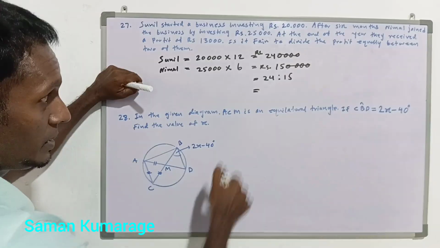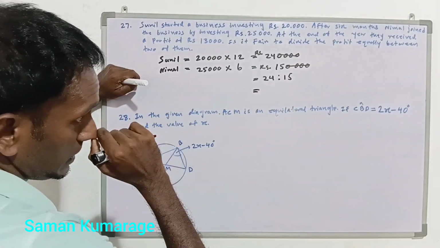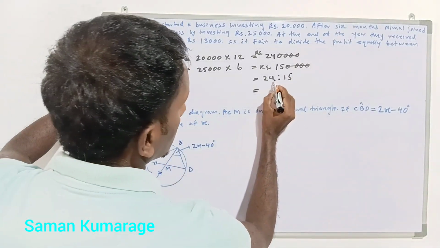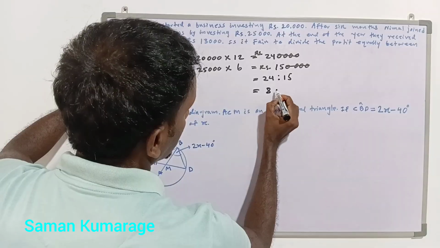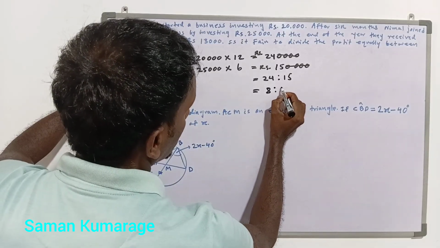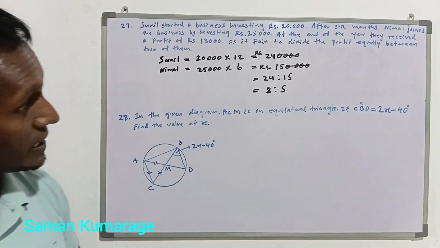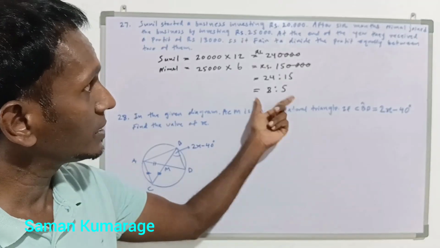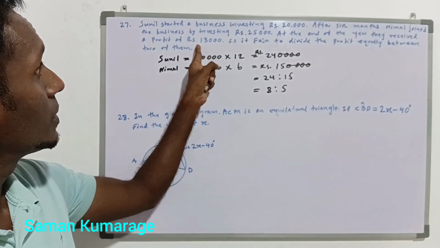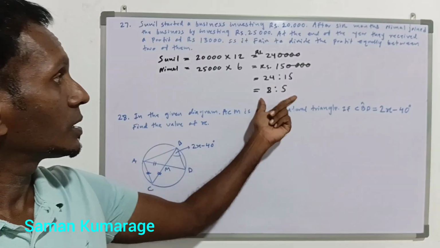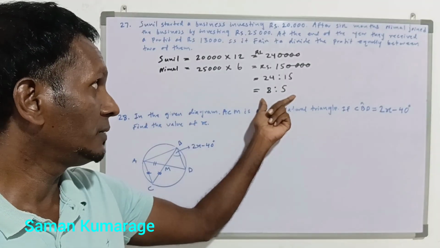Again we can divide these two values by 3, here 8, here 5. So this is the ratio for which this profit should be divided.